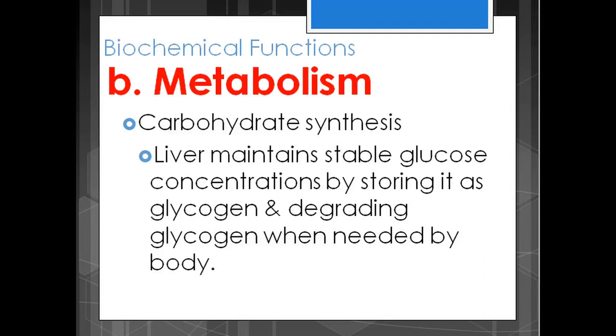In cases wherein there is a low blood sugar in the circulation, so the level of the blood sugar is low, the liver can break this glycogen so that the glucose will go into the circulation. Therefore the liver has the capacity to maintain a stable level of glucose within our circulation.